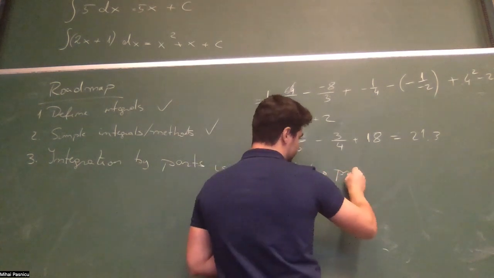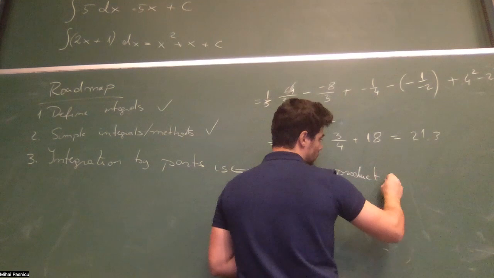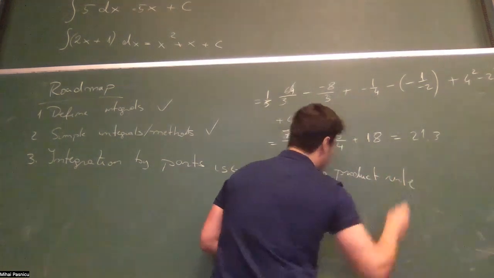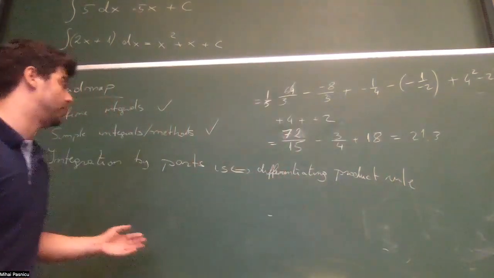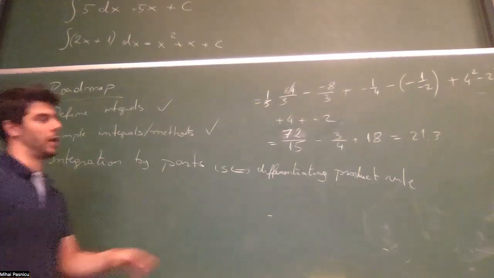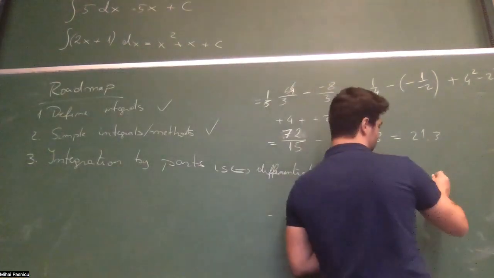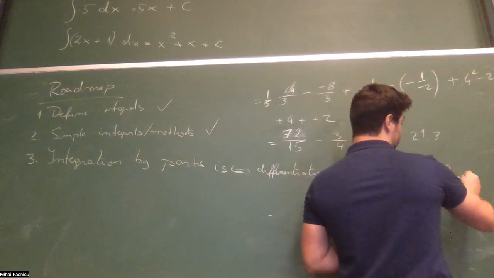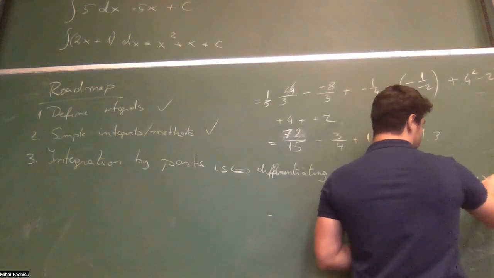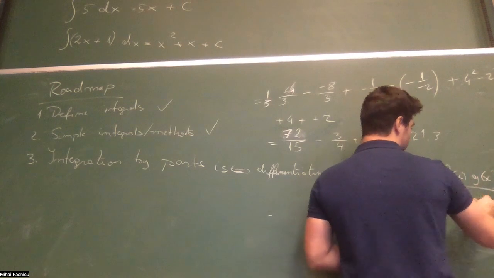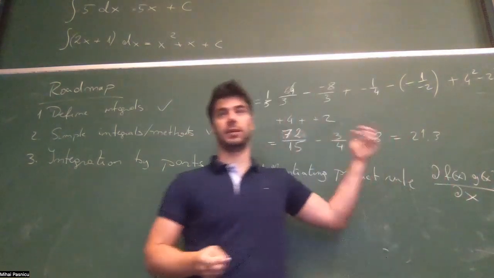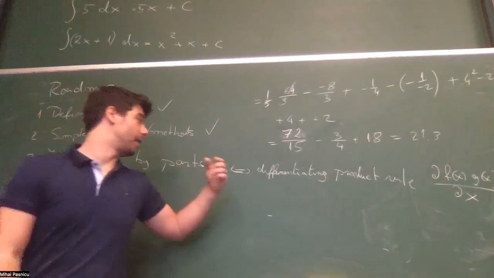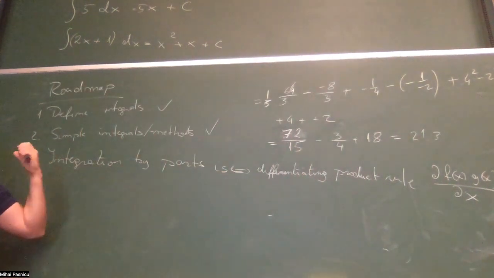It's basically the product rule, but applied to integrals. When I say the product rule, I'm talking about the derivative of f of x times g of x over dx. Basically, this rule is going to give us a new method for solving integrals, which is going to be called by parts.